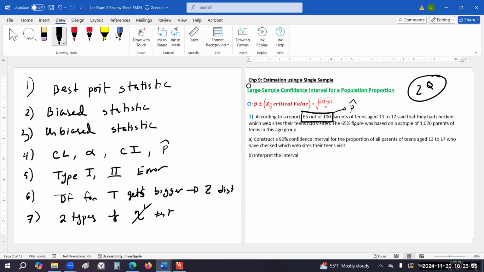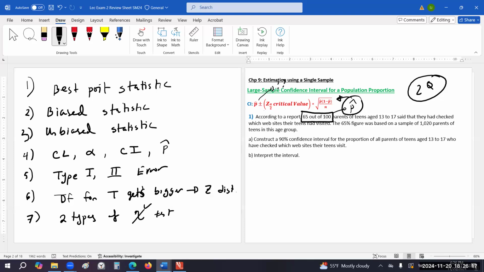If you have a portion in the sample, it represents p-hat. And if you're working with p-hat, that means that's the formula you have to use. So make sure you have this formula written down, also what each symbol means. What is p-hat? What does it mean?